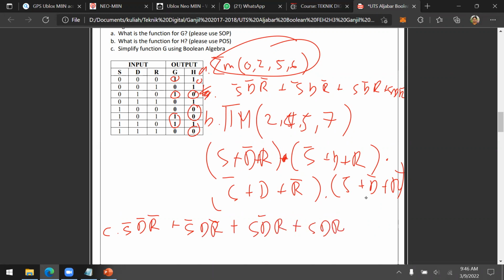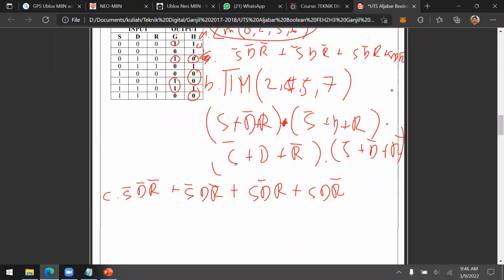You need to try to find which parts have the same variable. Okay, this one is S naught D naught, no; S D naught, no. How about S naught and R naught? Okay, so we have in here S naught, R naught.